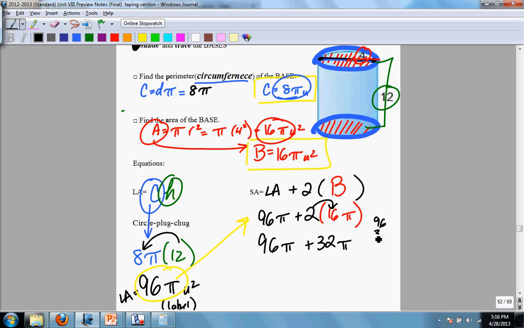You have 96 and 32 right here in the margin. That's 8, and that's 12. Your final answer for the surface area is 128 pi units squared.